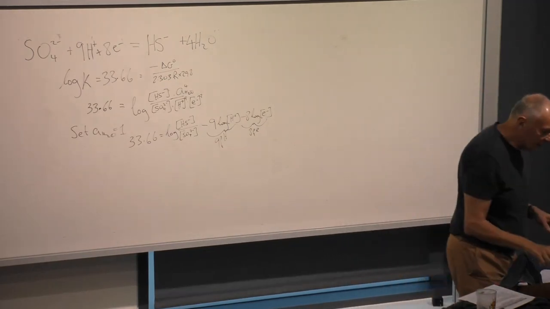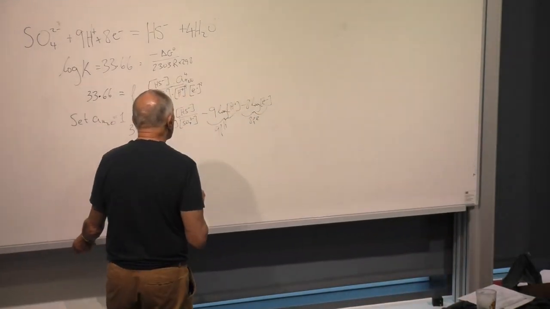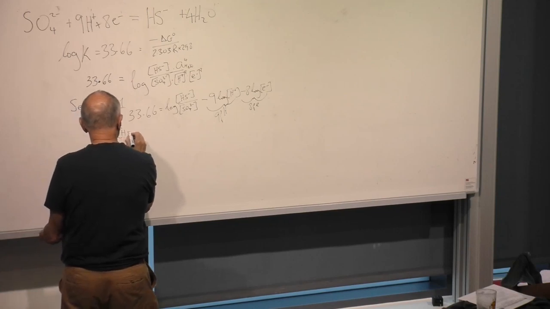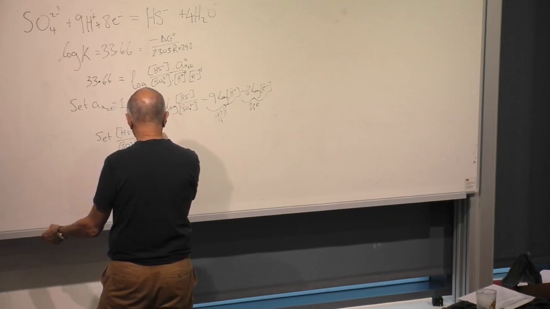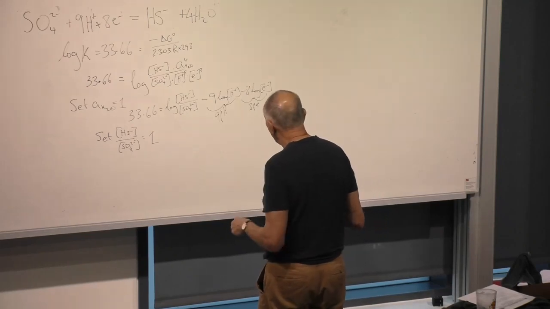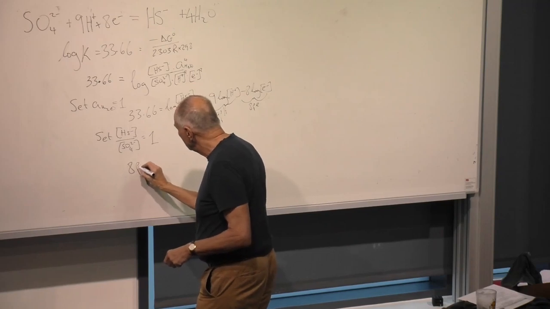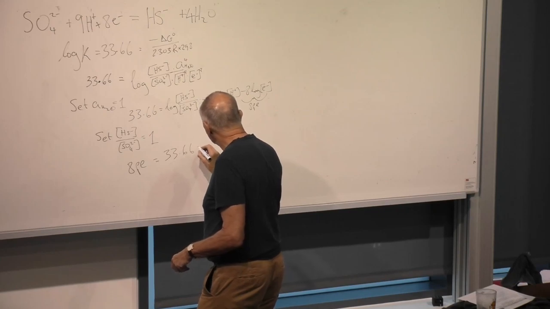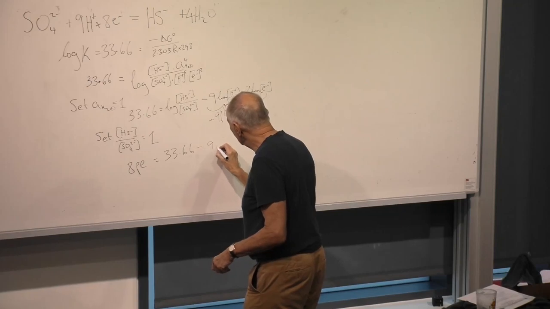So what we'll do is set HS minus over SO4 2 minus equals 1. Log of 1 is of course 0. And we get that 8 PE will equal 33.66, plus 9 pH, put it on the other side, minus 9 pH.